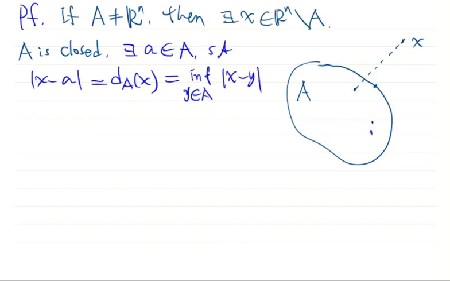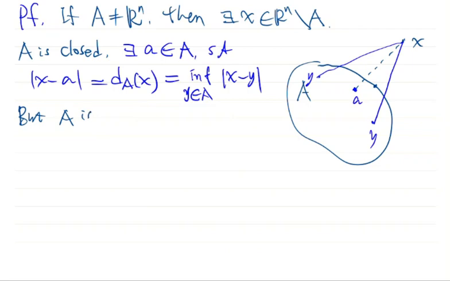For every y here, the distance from x to y is the length of this segment. But there is a point a here: the distance from x to a equals the distance from x to the set A. Okay, this is our previous result, because A is closed. Now we use another assumption, that A is also open.